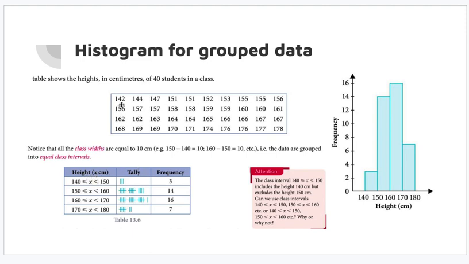Again, first we have to draw up the tally and get the frequency, and this time round, you notice that the numbers are at the edge of the bar to show the range of values. It is not in the middle. So remember that for group data, the numbers are at the side of the bar, and for ungrouped, it's in the middle of the bar.